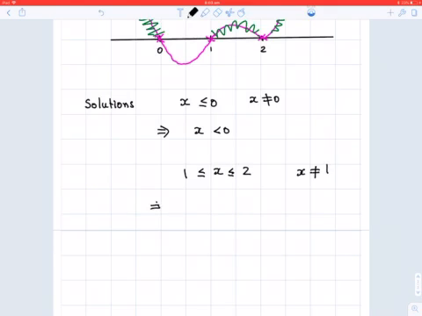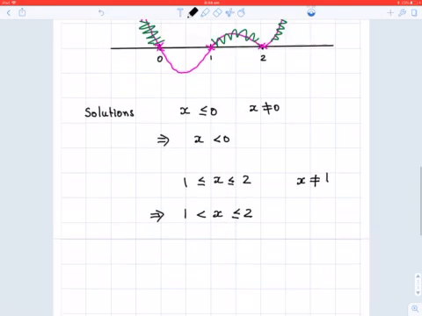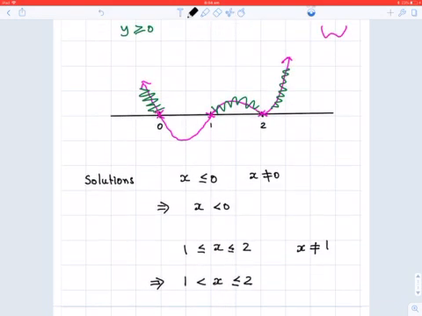But again, x cannot be equal to 1. Therefore, the answer would be 1 less than x less than or equal to 2.